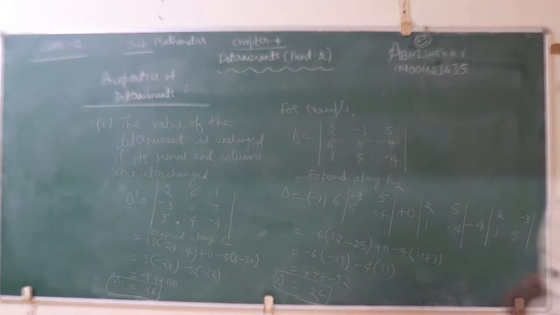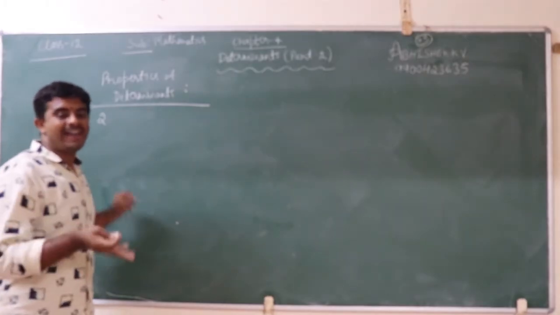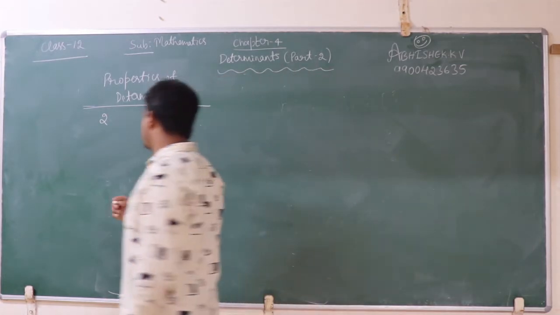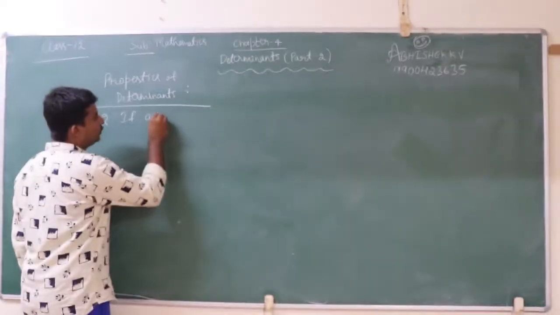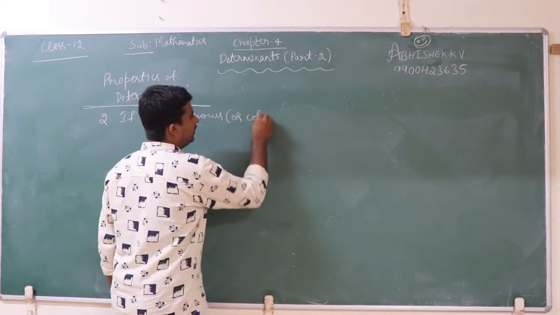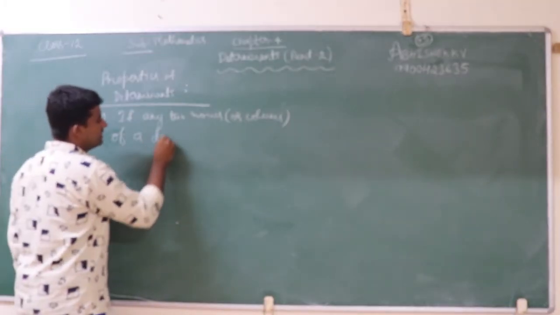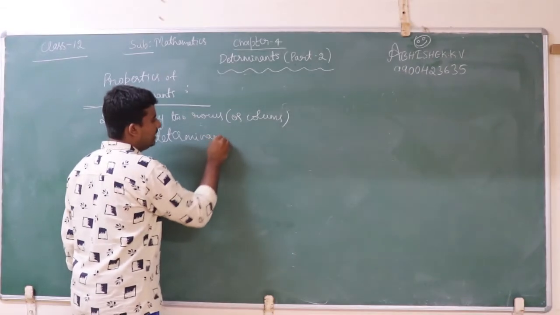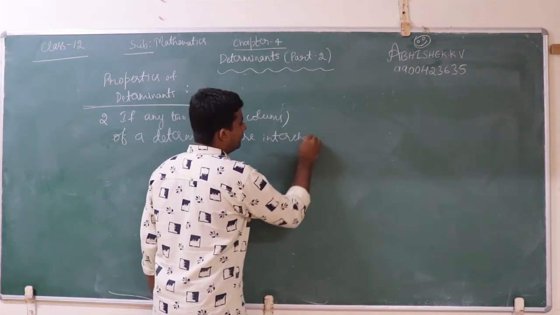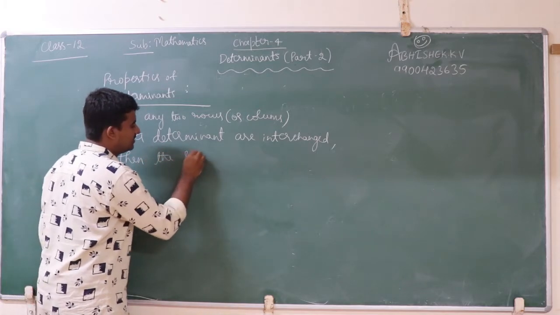Now I move on to the second property of determinants. The first property says the value of the determinant is unchanged if its rows and columns are interchanged. The second property says if any two rows or any two columns of a determinant are interchanged, then the sign changes.